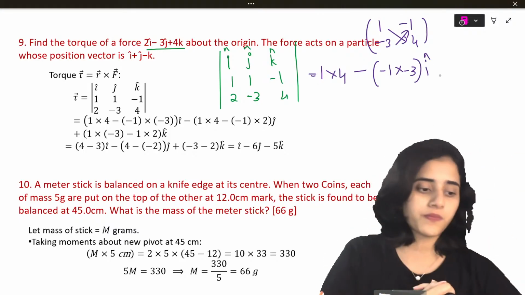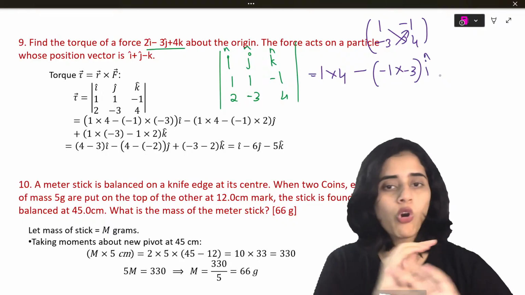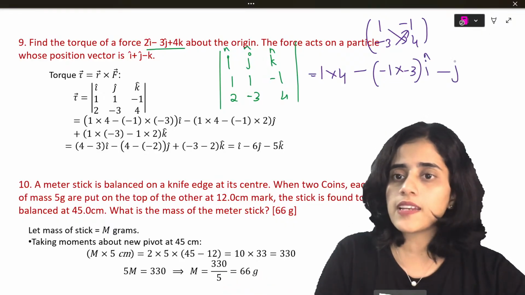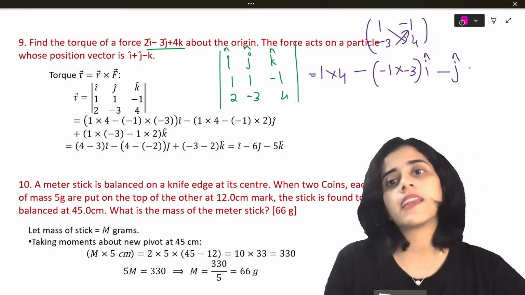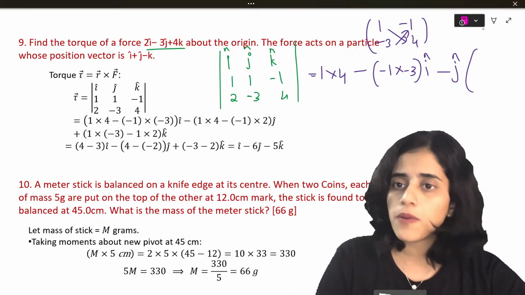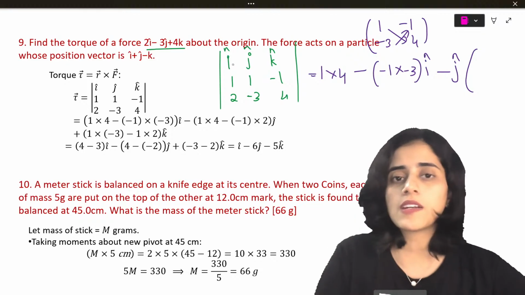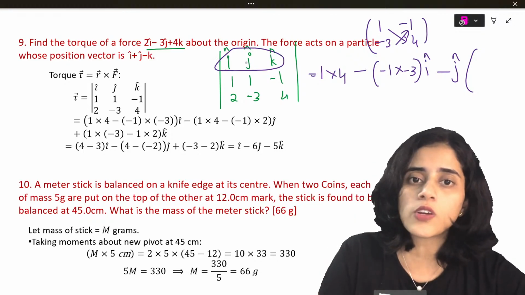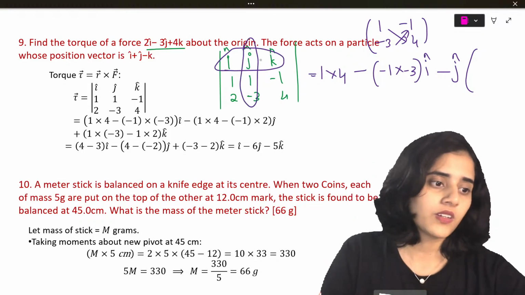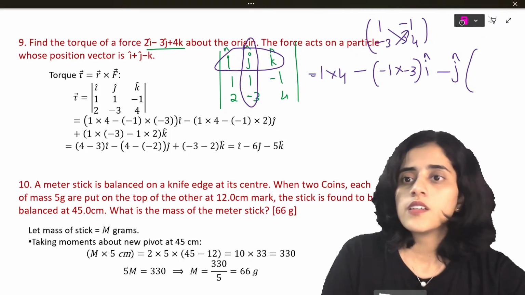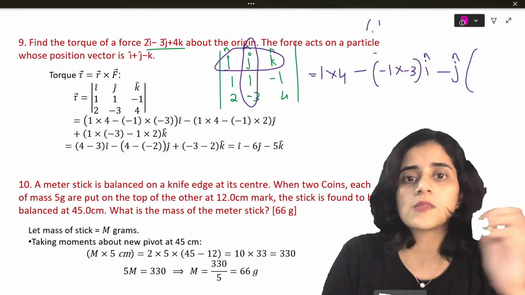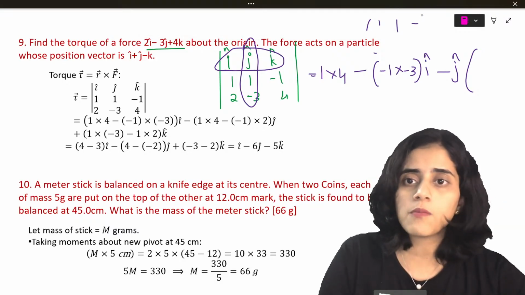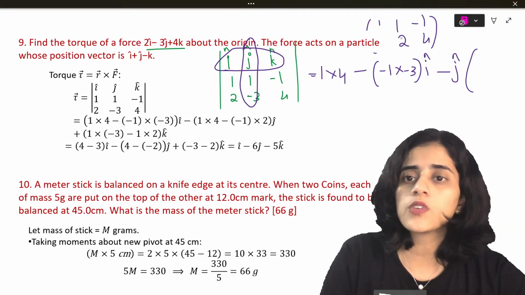That's the first term. Now, the second term is always minus. Minus j cap into, which is my matrix? I'll ignore the row and column that has j cap. So what will my matrix be now? 1, minus 1, 2 and 4.